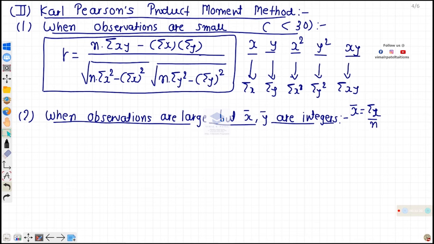N means number of observations. Y bar means sigma y upon n. So in this case, you should apply this formula.